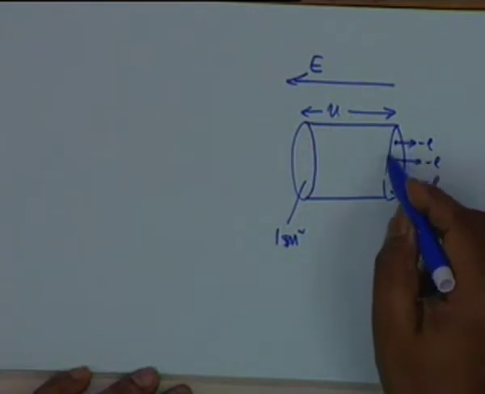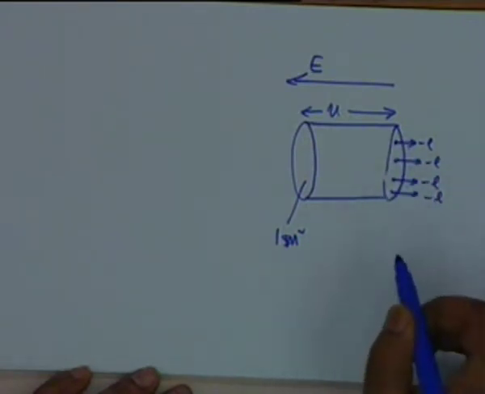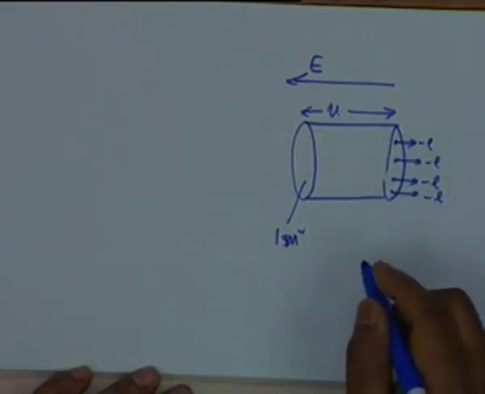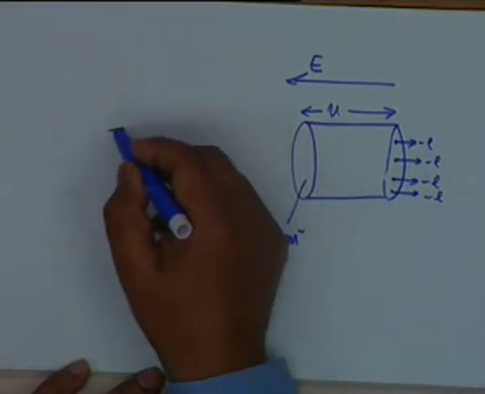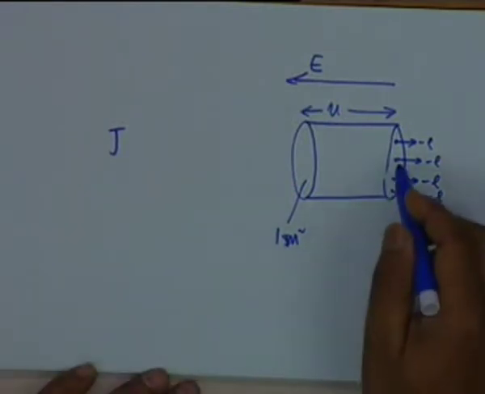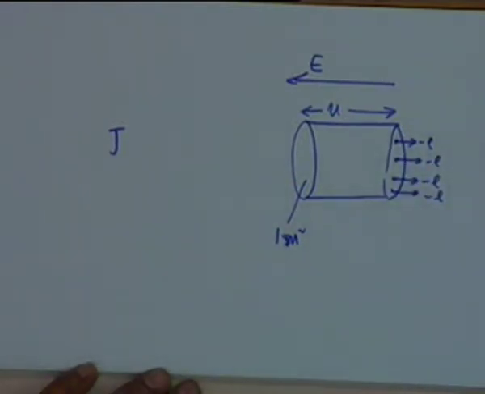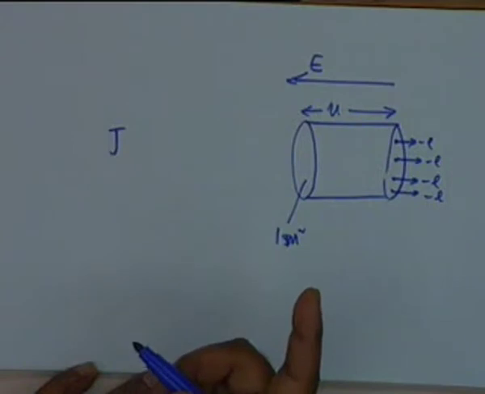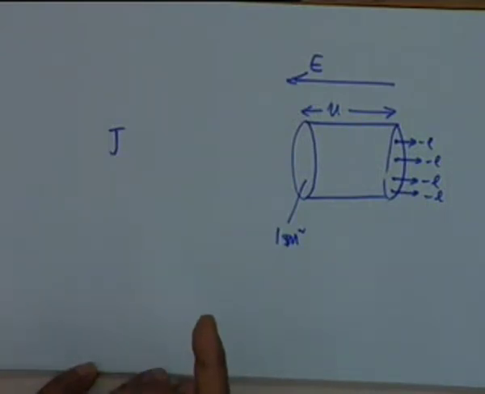Total charge that crosses the unit area per unit time is the current density J, all right. The current density shall therefore be equal to the total number of charge carriers that cross this unit area in unit time multiplied by the electronic charge, all right.